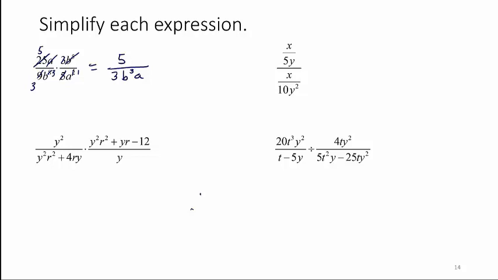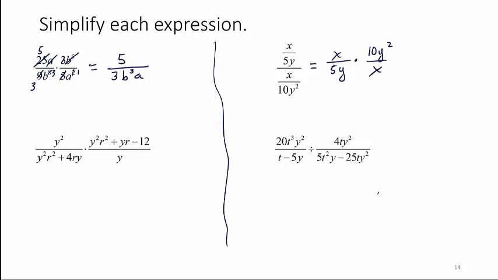Okay. All right, so now let's look at this example of x over 5y divided by x over 10y squared. All right, so I'm going to write that as x over 5y times the reciprocal of the divisor, right, which is 10y squared over x.